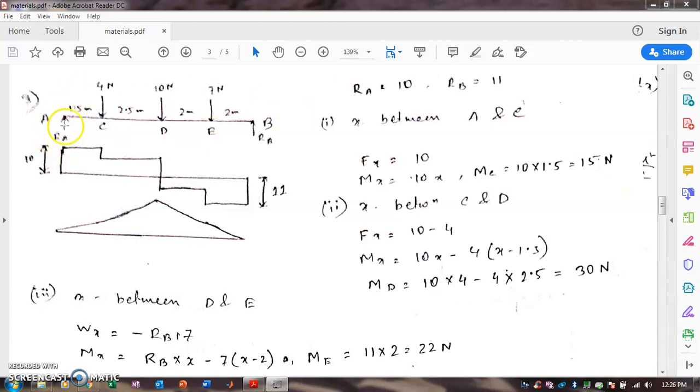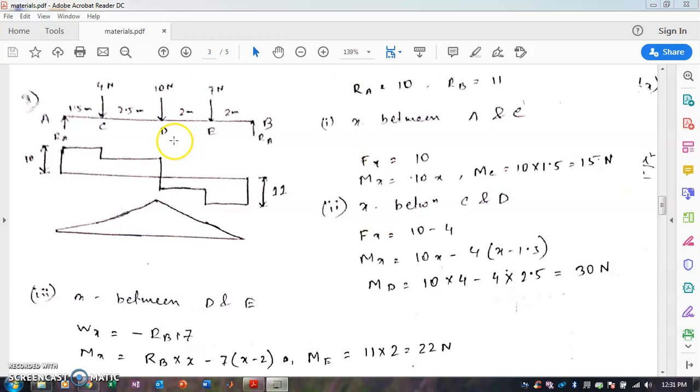RA is upward, and the left hand side of shear force always follows the y axis, so RA is positive, plus 10. Then at C, 4 Newton applies, so it changes its sign: 10 minus 4 is 6. Now again it moves towards the right hand side, and at point D it again changes its sign.